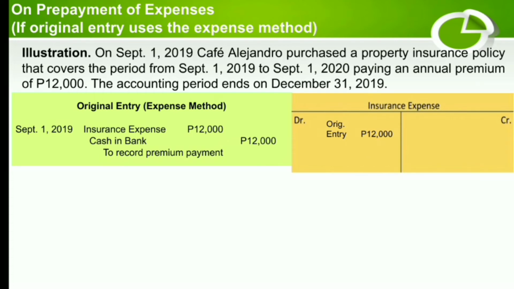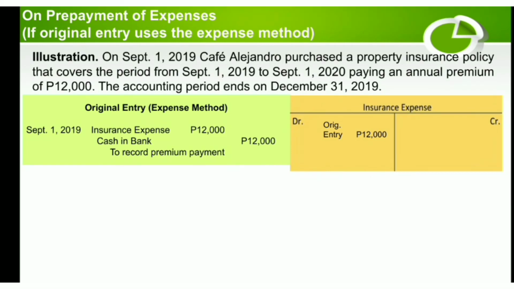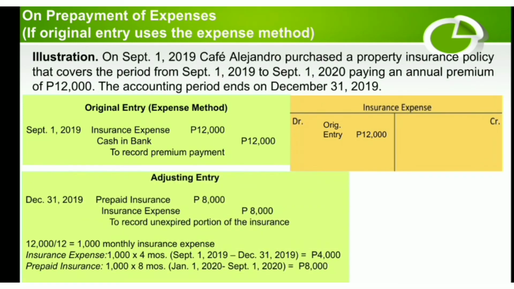And the remaining balance must be recorded as a prepaid insurance. And here's now the adjusting entry on December 31, 2019. So debit prepaid insurance of 8,000 pesos and then credit to insurance expense 8,000 pesos. This is to record the unexpired portion of the insurance.